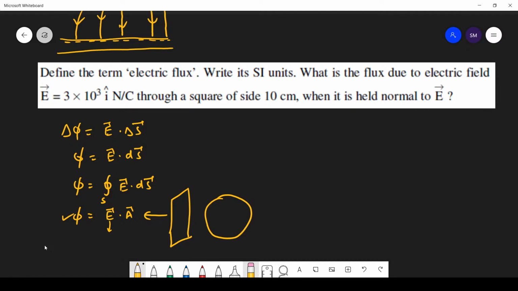F is equal to Q into E, and electric field is equal to F upon Q. So it is volt per coulomb, and the unit of area is meter square. The unit of force is Newton. So Newton per coulomb into meter square. These are the units of flux.